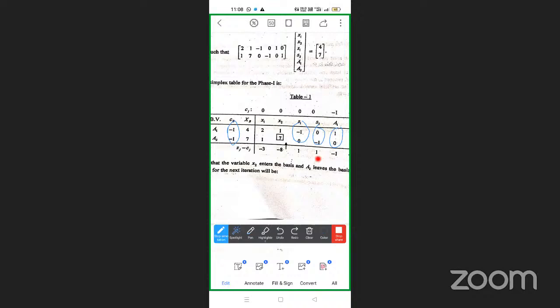Among all these delta j values, the most negative value is minus 8. So this is the incoming vector.